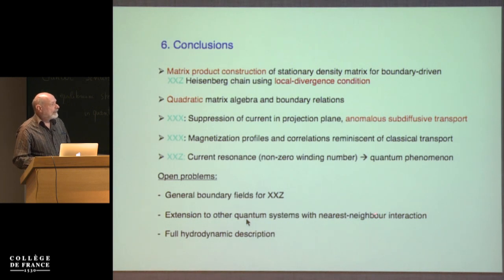Then it would be good to extend this to other quantum systems with higher spin, or nearest neighbor higher spin, for instance, to see what of this remains valid. And then, of course, one would like to get a full hydrodynamic description of this phenomenon. It's not even clear there is one, but it sounds plausible because we see these analogies to classical systems where we have these very nice hydrodynamic theories. And with this, I would like to end and thank you for your interest.